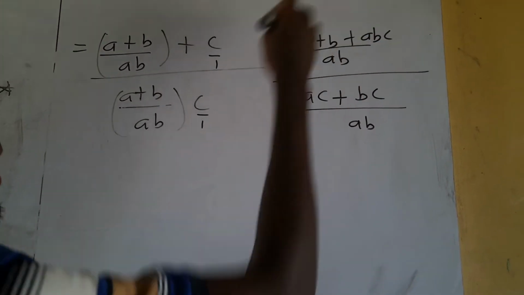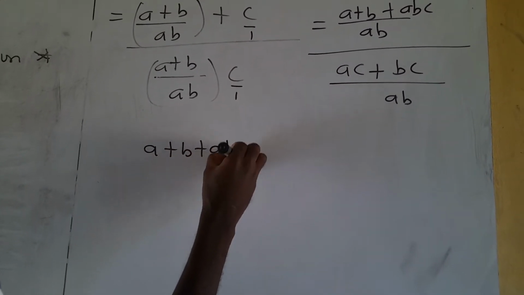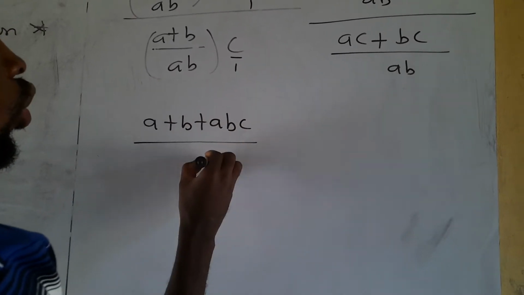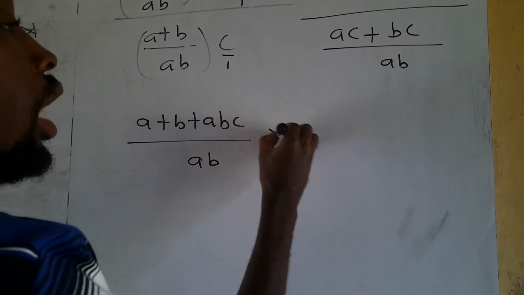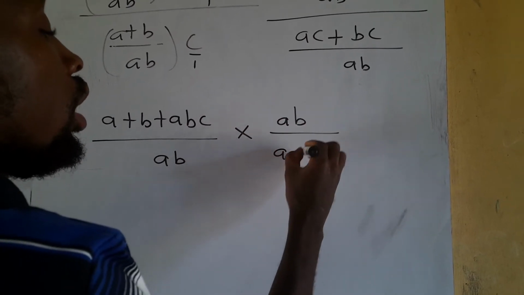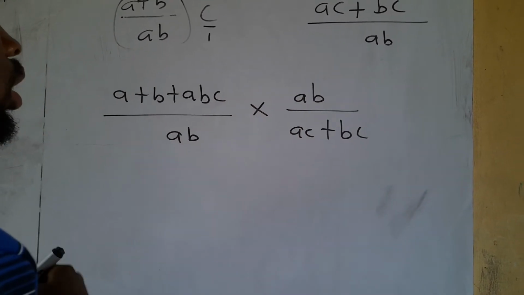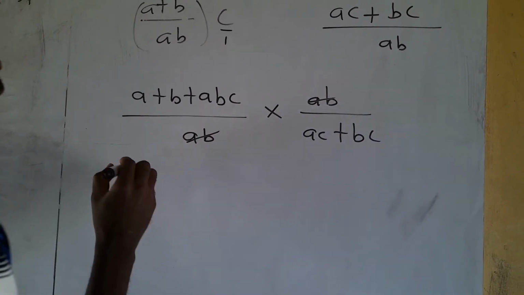So we can rewrite this as A plus B plus ABC over AB, times, now we reciprocate, so we get AB over AC plus BC. So this can divide that. We said this can divide this. What is left?